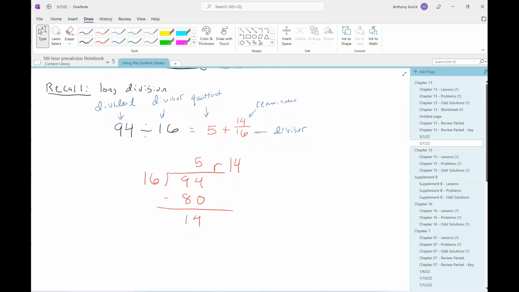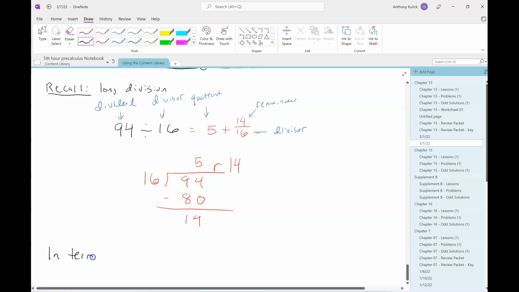So we can say the same thing now in terms of polynomials. We have some f of x divided by a d of x. That's going to give me a quotient q of x plus the remainder r of x over the divisor d of x.